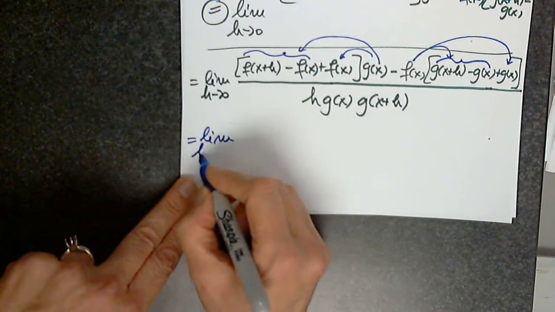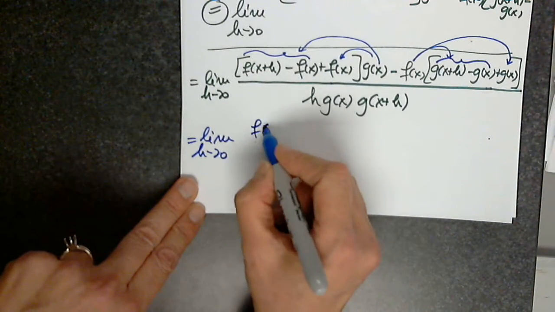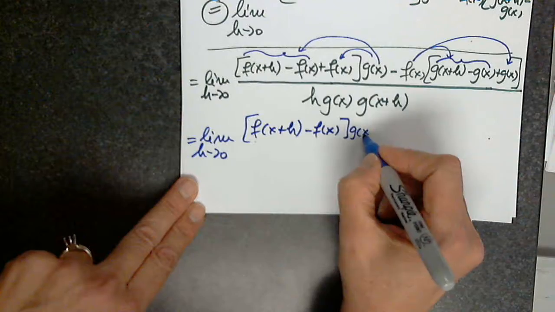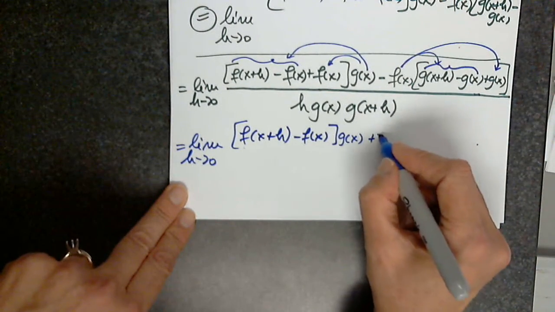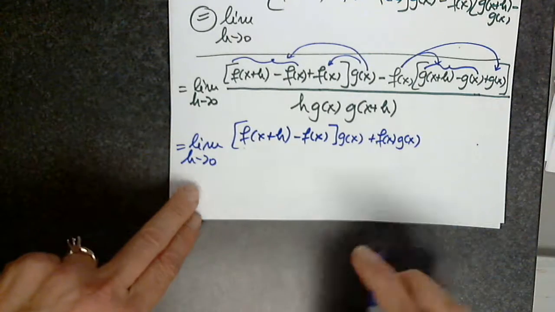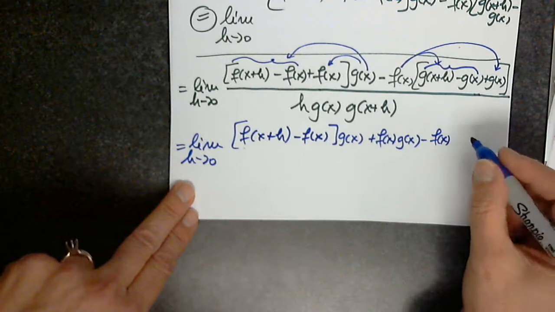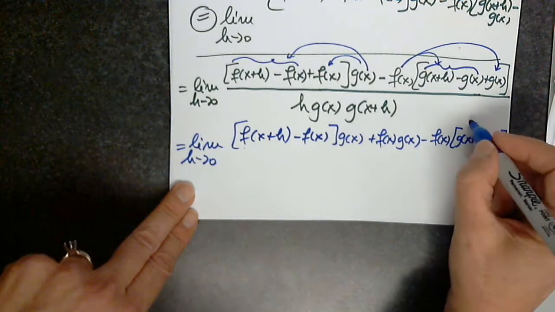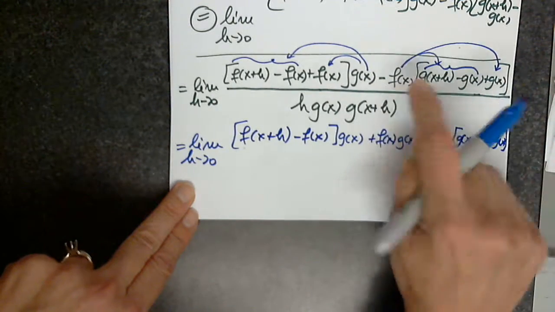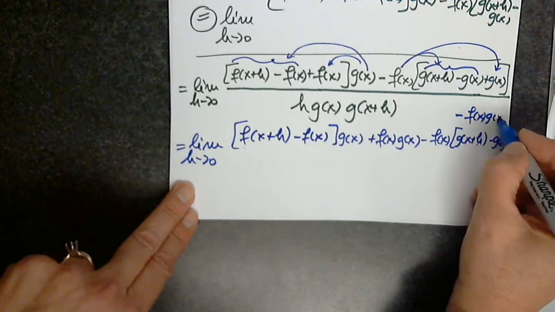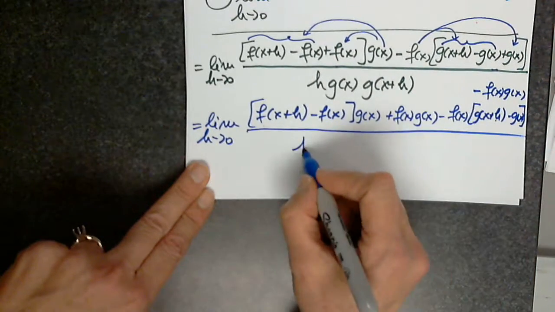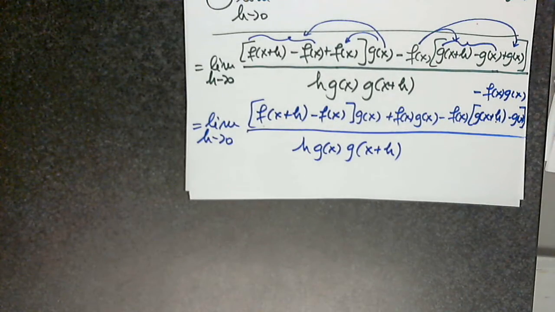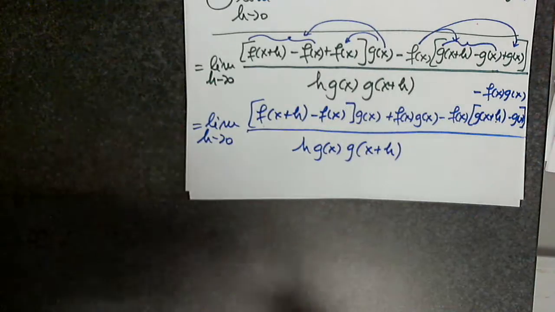So this is the limit, as h approaches 0, of f of x plus h minus f of x times g of x, and then plus f of x g of x minus f of x multiplied by g of x plus h minus g of x, and then plus g of x, but multiplied by negative f of x, so negative f of x g of x, everything over h, g of x plus h. I know you can see what I'm getting at and what I'm trying to do.